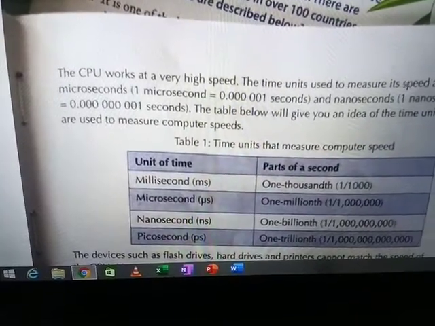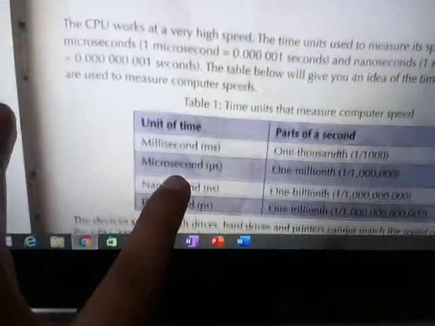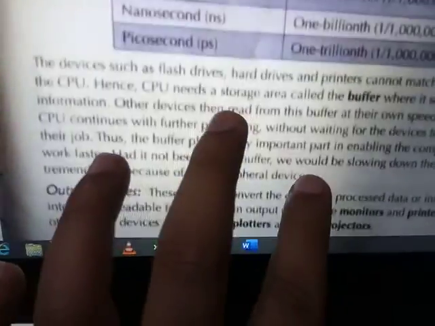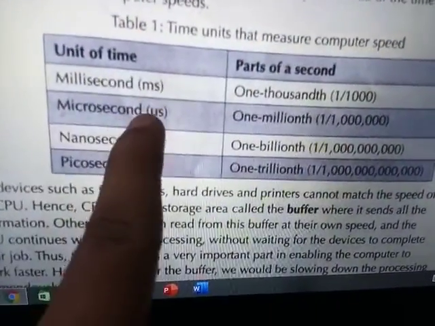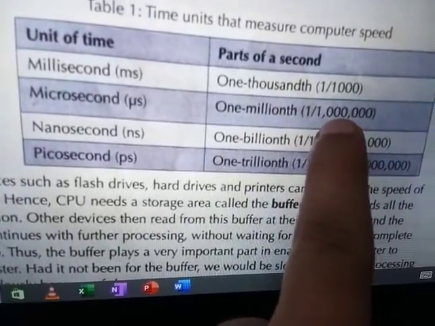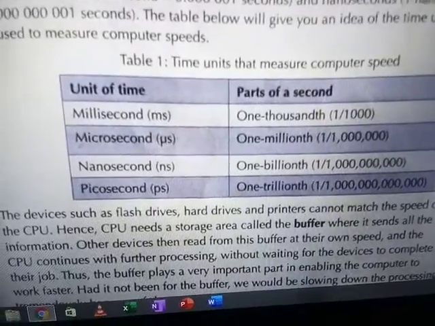So what is a microsecond? 1 second divided by a million is called a microsecond. The computer works at the speed of a microsecond.